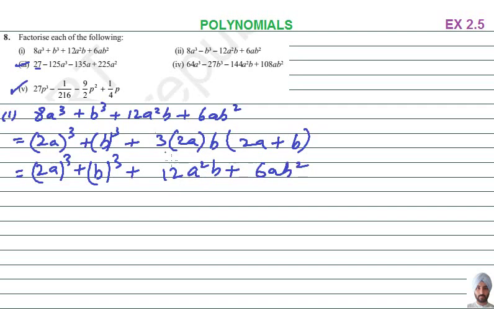So you can see the last two terms are same. The first two terms can be written as this, and this identity was (a plus b) whole cube, so it should be (2a plus b) whole cube. According to the identity we are just done.